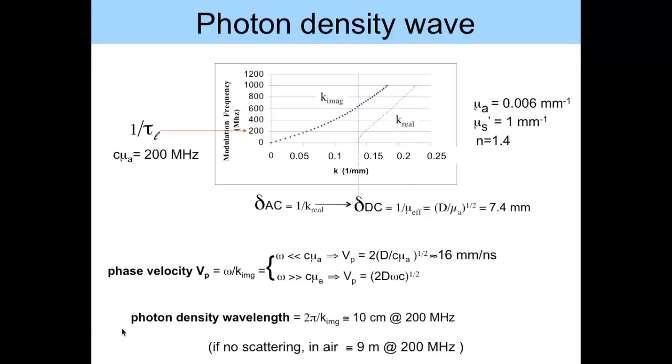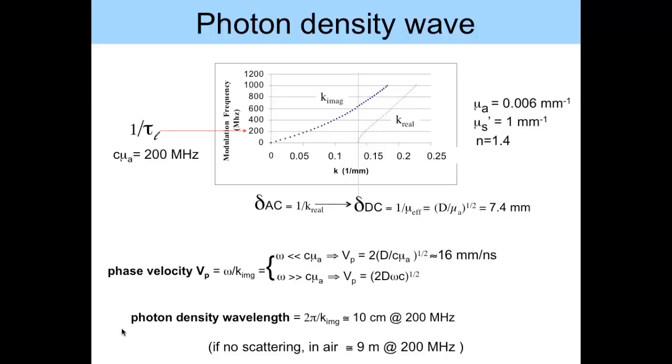So this is the general roadmap of a photon density wave. And I'm not going to go into a lot of detail on this, but what I do want to emphasize, and Albert will mention more of this, is that this is a scalar wave that you can describe using wave characteristics. So it's got real and imaginary components. And due to formalism, we describe the phase in terms of the imaginary component of the complex wave number, k imaginary.